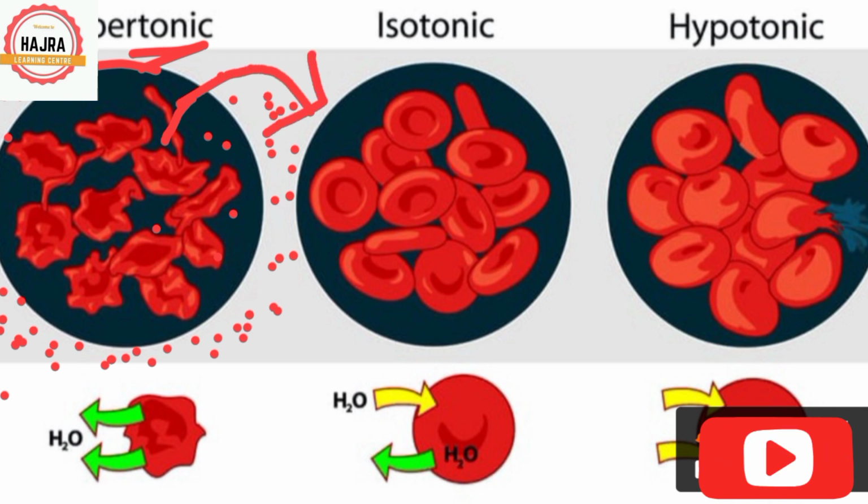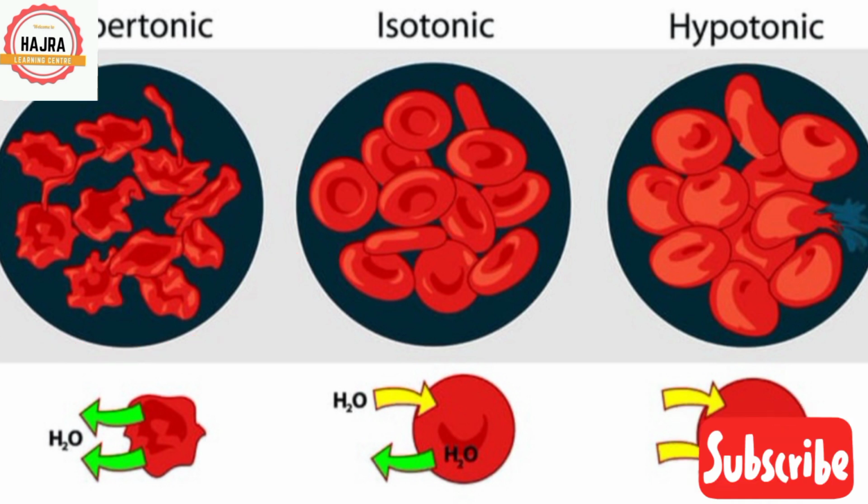In this way, the cells will be squeezed, and this condition is called crenation, because water moves out of the cell, which shrinks the cell. So we have learned about hypertonic.